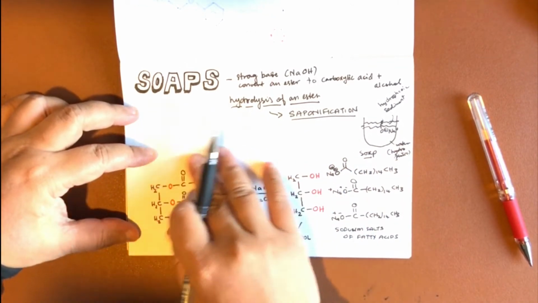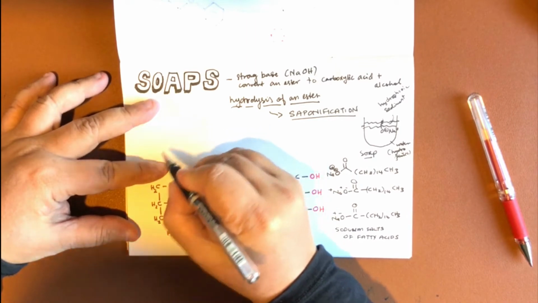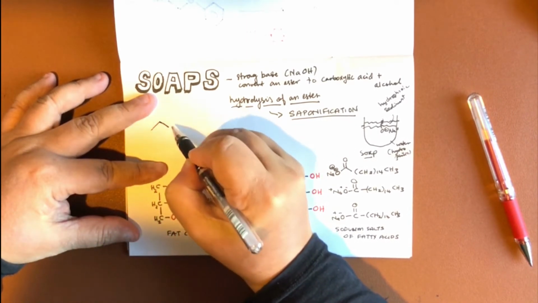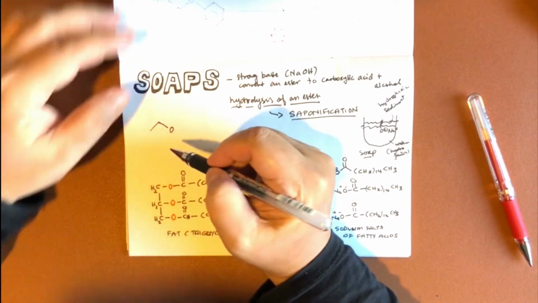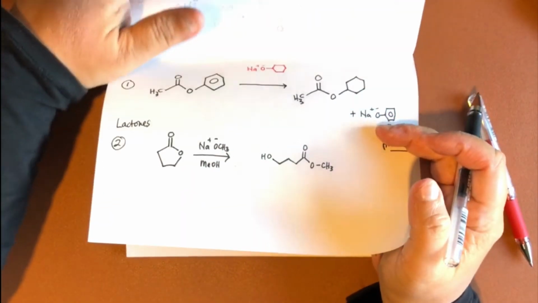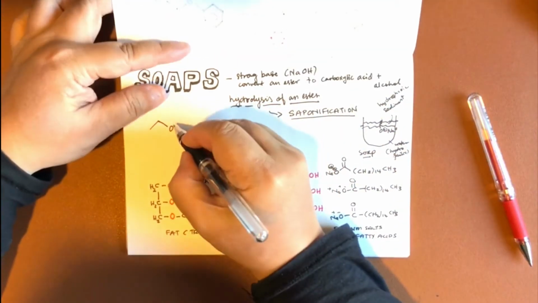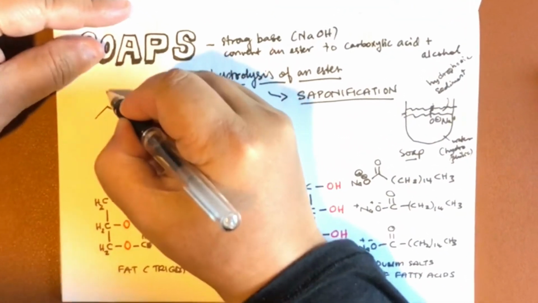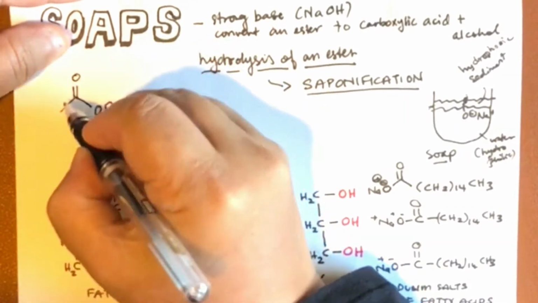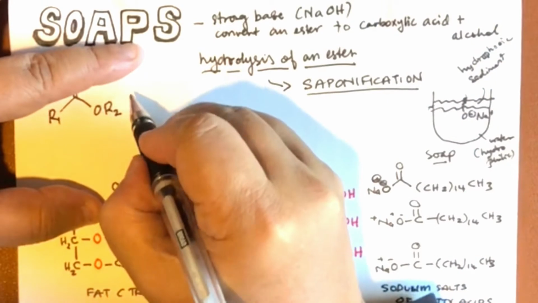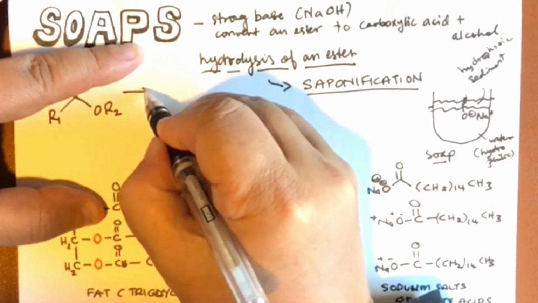So now if you have an ester, let me just draw this reaction. You have an ester from the earlier ones. This is the ester. We're going to take that one, say R2, then you have the carbonyl and you have R1. And the next thing is a simple general reaction.